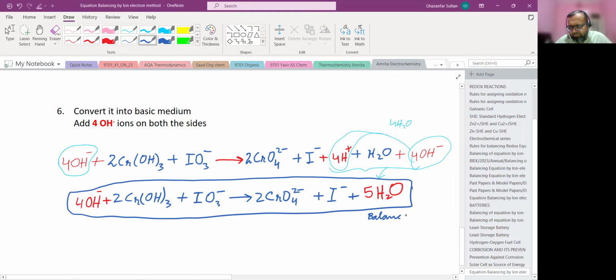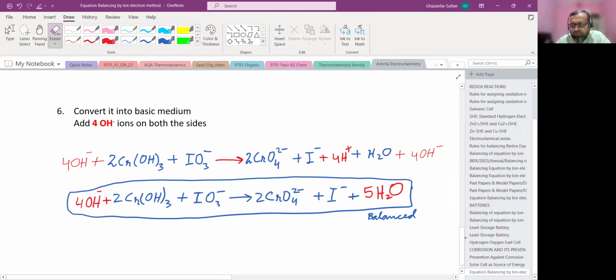So this is one way to balance the ionic equation by the ion-electron method, considering it as acidic medium, and finally we can convert it into basic medium. So this is one of the ways to balance an equation in basic medium.